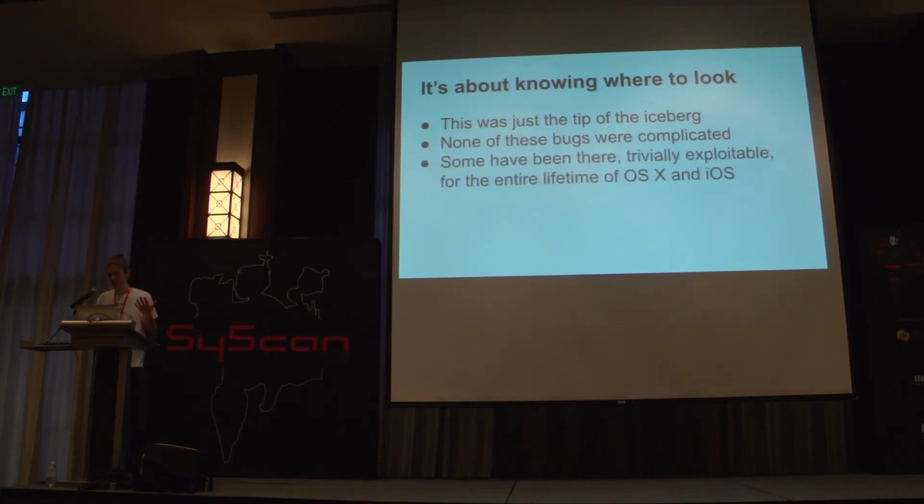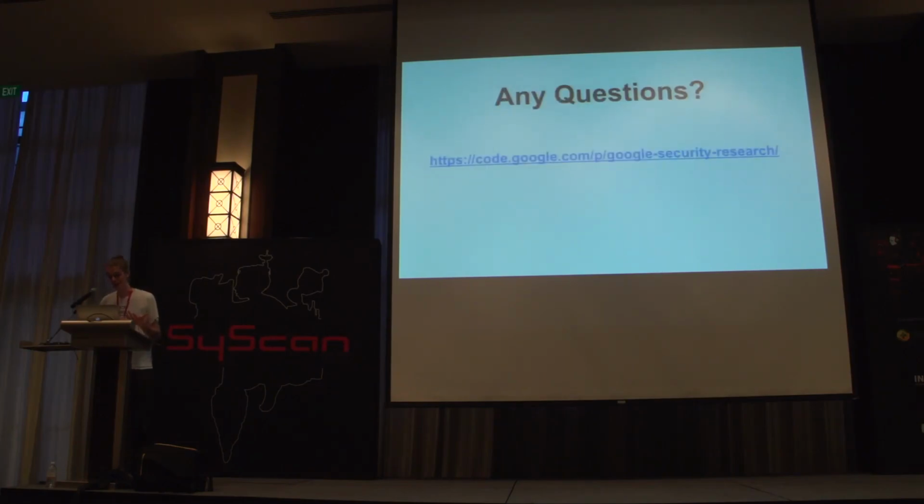None of these were at all complicated, and they've mostly been trivially exploitable for the entire lifetime of OSX and iOS. In fact, some of those APIs, by simply calling them with any invalid data, not data trying to hit a particular bug, but simply any invalid data, was enough to trigger exploitable kernel bugs. So there were quite clearly not enough people looking at OSX security in public.